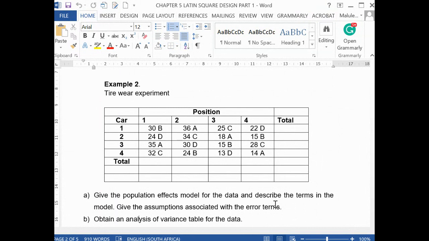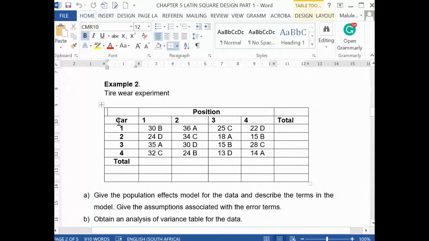Remember when I introduced chapter 3, I gave you an example of 4 types of cars and the position of the wheels and the brand of the tires, right? If we look at this design now, it qualifies to be a Latin square design. Why? Because all these things are covered.